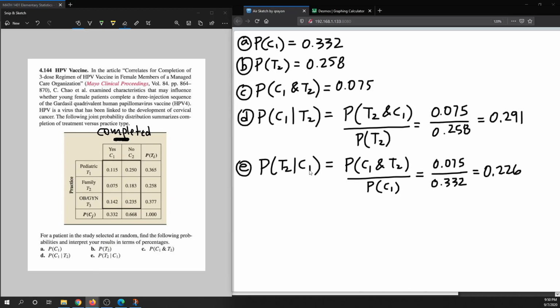So that's saying that of those people in this study that completed, right, that were in C1, so those are the completers of the 3 injection sequence, about 22.6% were treated at family practices. Okay, so 22.6% of the completers were treated at family clinics. All right, and that is it on this problem.